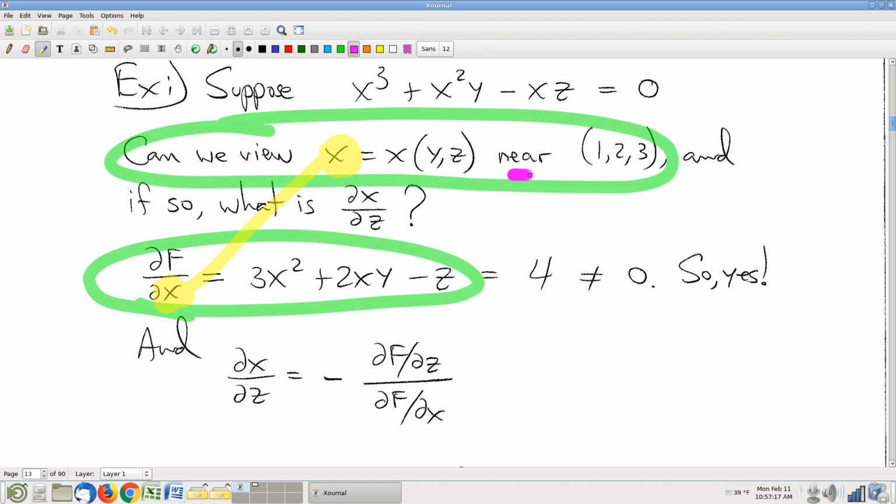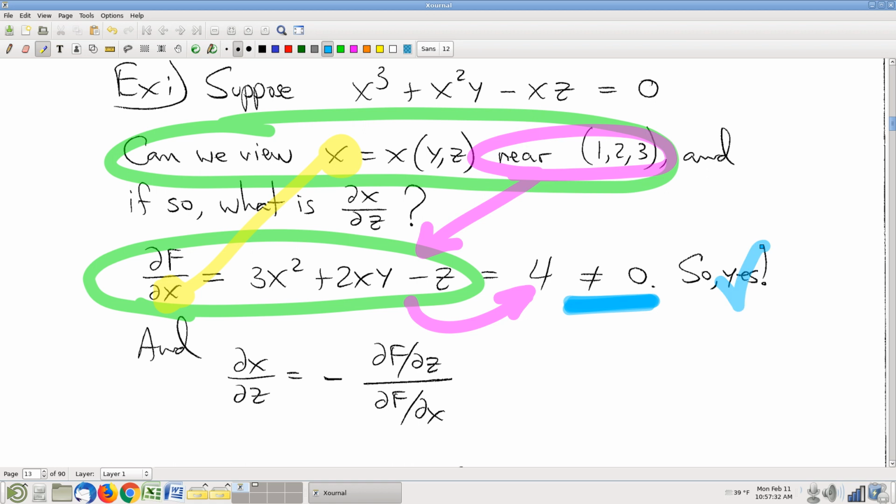I want to know about this particular point, 1, 2, 3. Plug in that particular point. The value of this partial derivative becomes 4. And because that is not 0, yes, I can view x as a function of z. That's the first half of the problem.